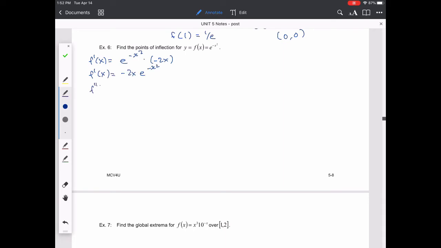Our second derivative is going to be, now it's a product chain, right? Derivative of negative 2x, which is going to be negative 2, times the second, plus, or plus minus, really, because it's negative 2.